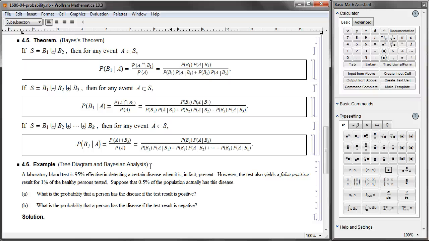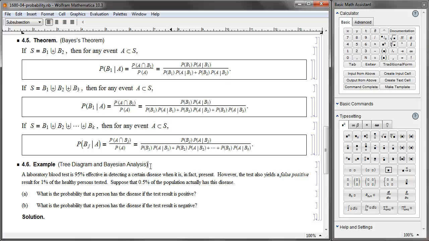So what I'm going to do is to apply this Bayes theorem analysis, Bayesian analysis, into a tree diagram. And we're going to do that with the next example, which is very, very realistic.